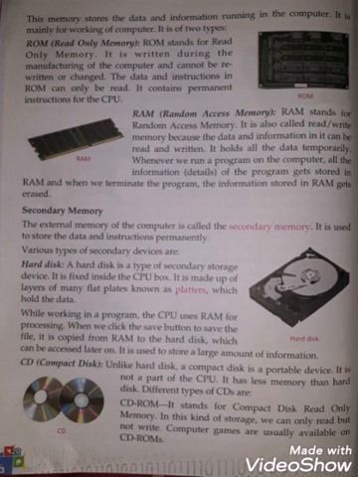Portable means something which can be carried from one place to another, something that can be transferred easily, because it is not a part of the CPU. It is not fixed inside the CPU. Although it has less memory as compared to hard disk, it also falls under the category of external storage device.